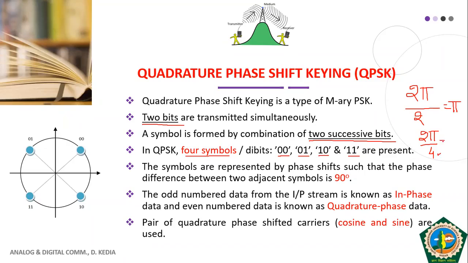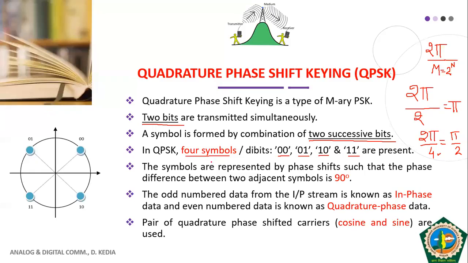So the phase difference between two adjacent symbols will be pi by 2 radian or 90°. Whatever number of bits we consider in each digital symbol, accordingly we decide the phase difference. If we have M possible digital symbols, the phase difference will be 2 pi by M, where M is equal to 2 raised to power N, and N is the number of bits in each symbol. I hope all of you have understood this concept.